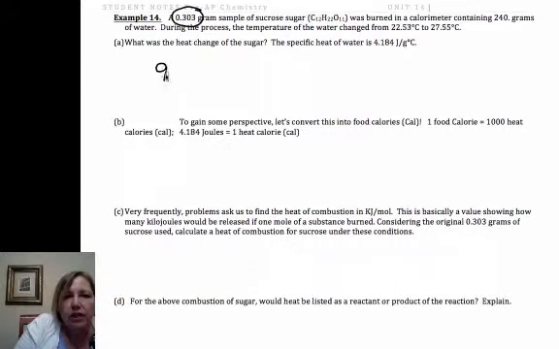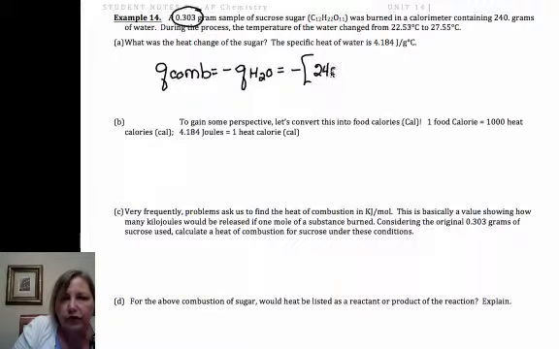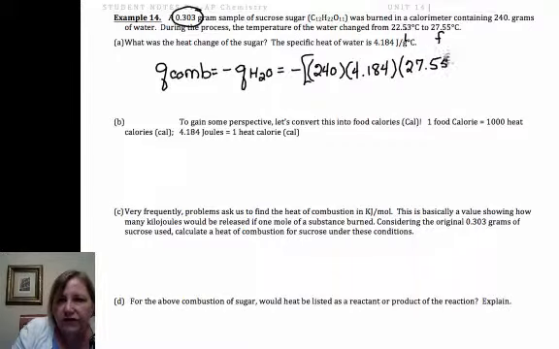Okay, so Q for the combustion of my sugar is going to be equal and opposite Q for water, and that's going to equal my mass of water, 240 grams, times my specific heat capacity, 4.184 joules per gram degree Celsius. Now you got to get that final and initial in there. 27.55 minus 22.53.